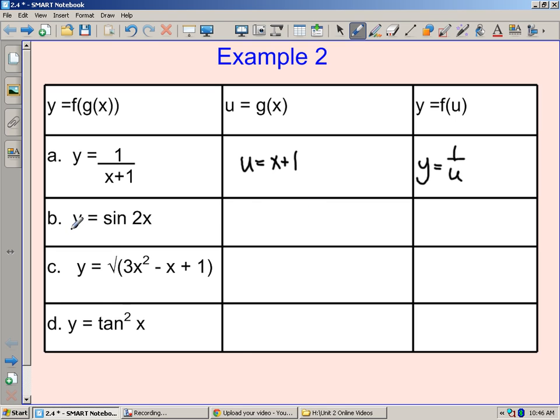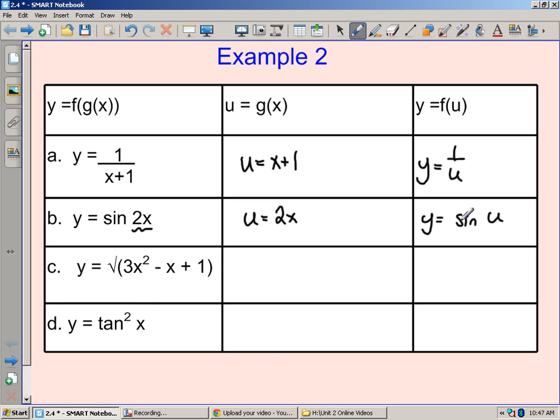And so then this next one, we have to figure out what our inner function is. And whenever you have a trig function, the majority of the time the inner function is the extra stuff that's not just an x in there, and that's how you're going to know it's a chain rule. So my inner function is going to be u is 2x, and when I rewrite this as y equals f of u, it's going to be y equals sine of u.